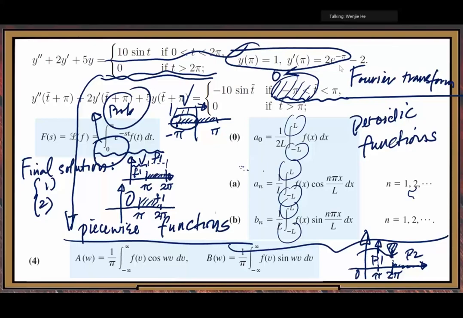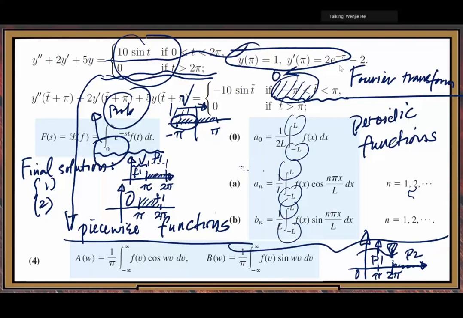But here, today I use approximately 1 hour to make this kind of comments. For some of you who want to solve real-world engineering problems, most of the right-hand side R functions are piecewise functions.